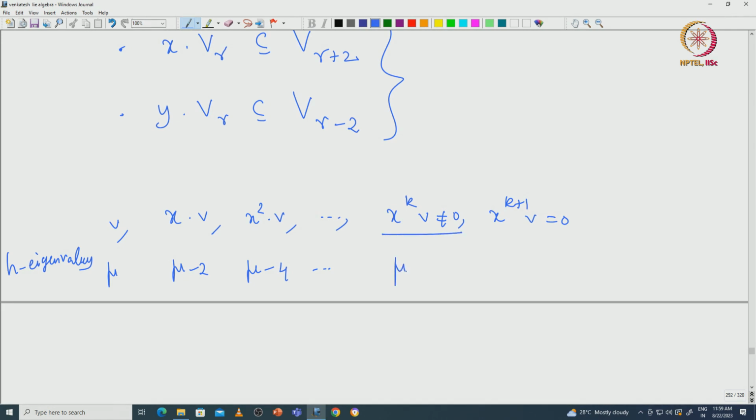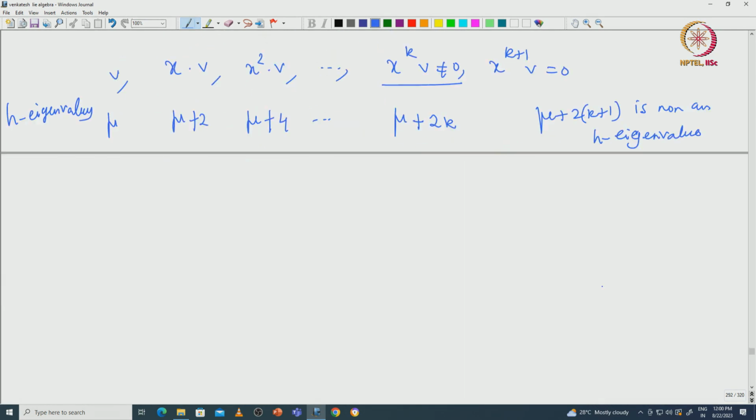So, all of mu, mu+2, mu+4 and so on up to mu+2k are eigenvalues of this operator H acting on V, but mu+2k+2 is not an eigenvalue.